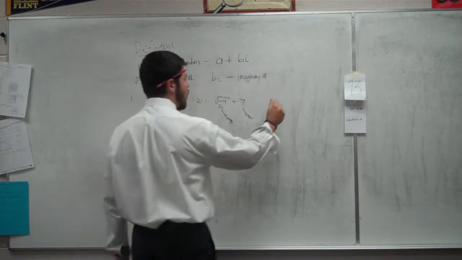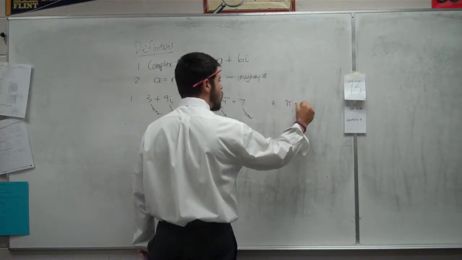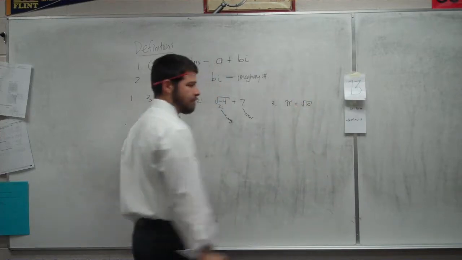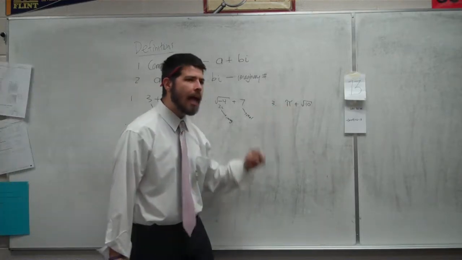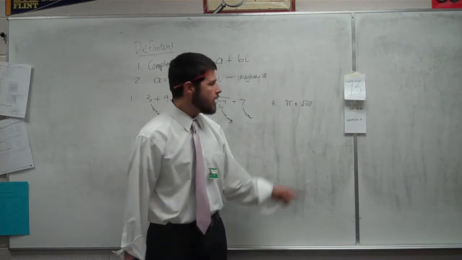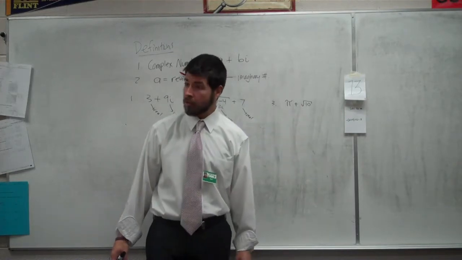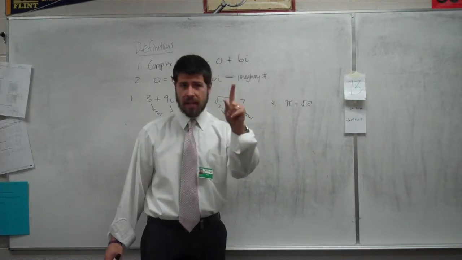And finally, my last one, a little bit more tricky. Pi plus root 10. Is pi real? Yes, it's 3.14. Is the square root of 10 real? I think it's irrational, but it is a real number.